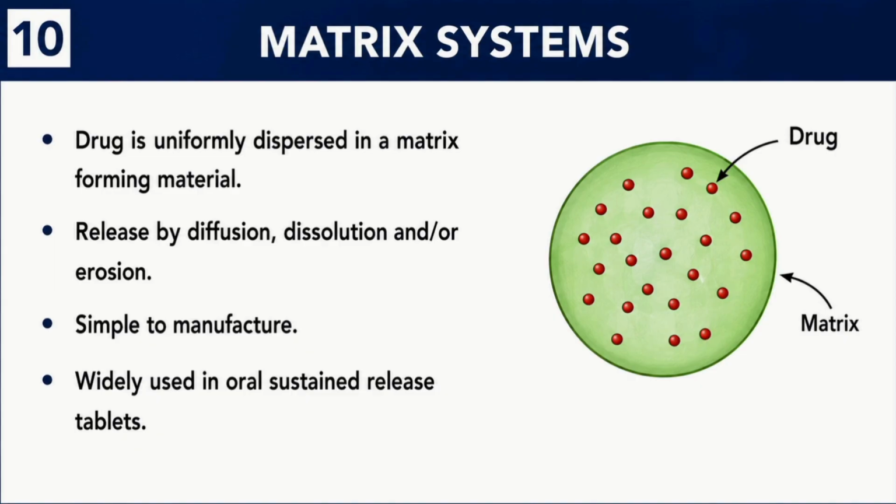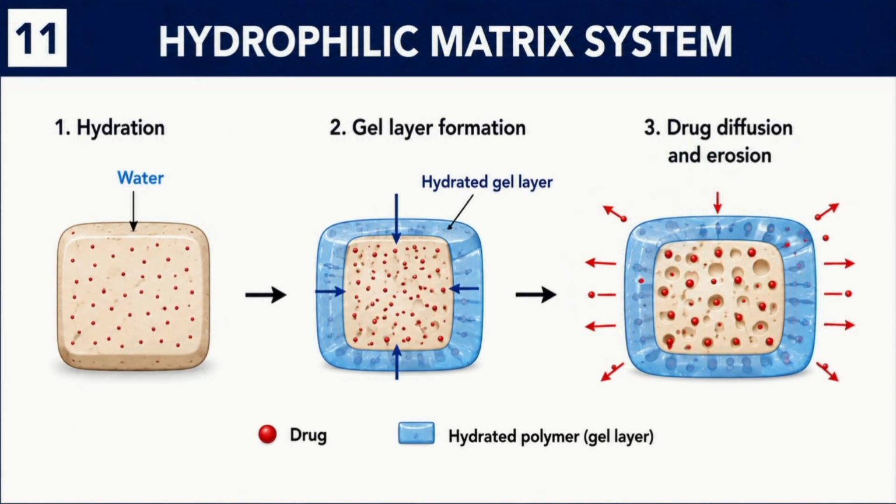When the dosage form comes into contact with the gastrointestinal fluids, the drug is released through mechanisms such as diffusion, erosion, dissolution, or a combination of these. Matrix tablets are attractive industrially because they are relatively simple to manufacture compared with some sophisticated reservoir systems. Is it clear?